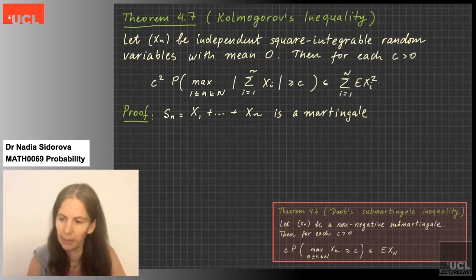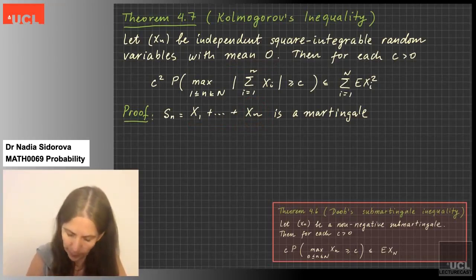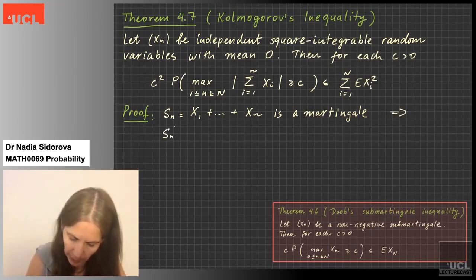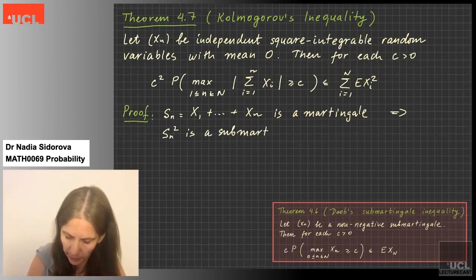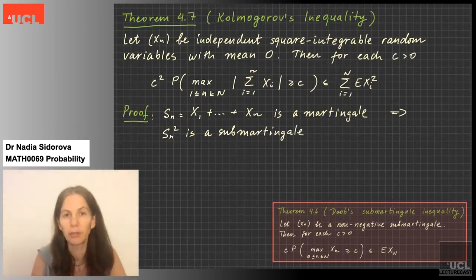So this is a martingale. Now, my second claim is that Sn squared is a submartingale. Why? This is a general claim: if a process is a martingale, then its square is a submartingale.